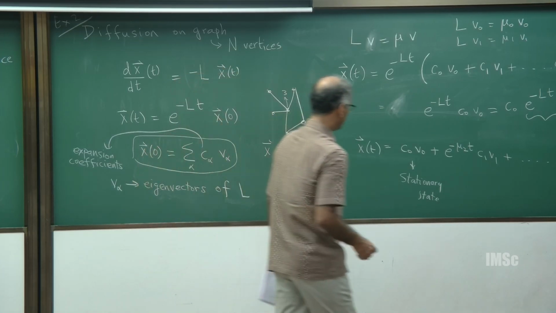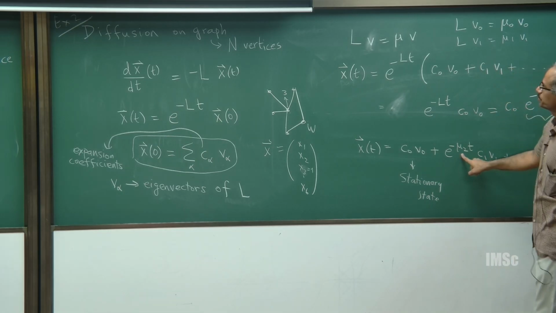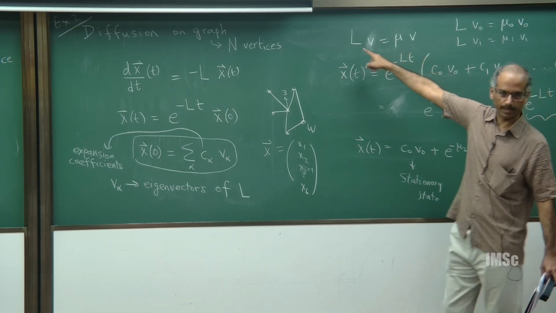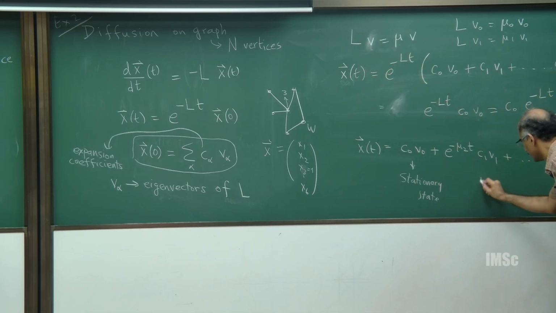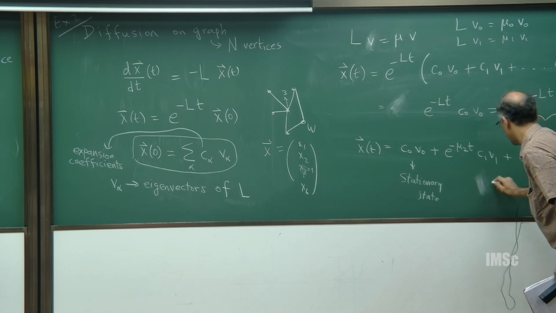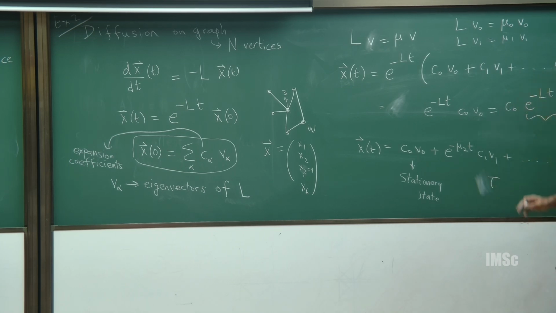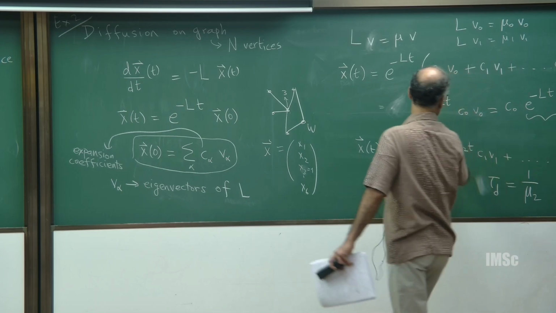In other words, if I identify this mu2, remember mu2 is the eigenvalue of the Laplacian matrix, I can give it a name, call it TD, which is a diffusion time, and that is simply 1 divided by mu2.